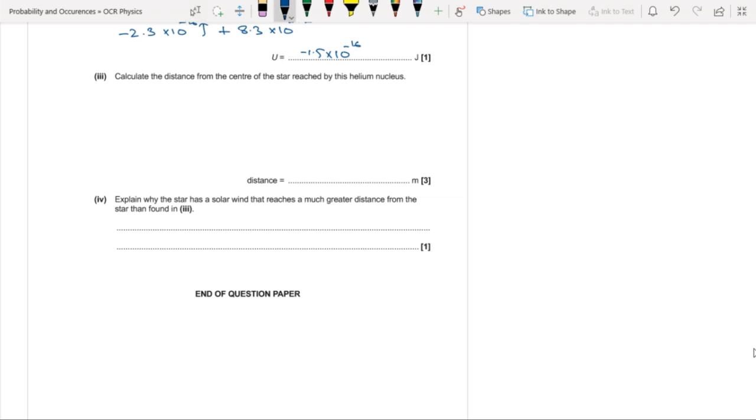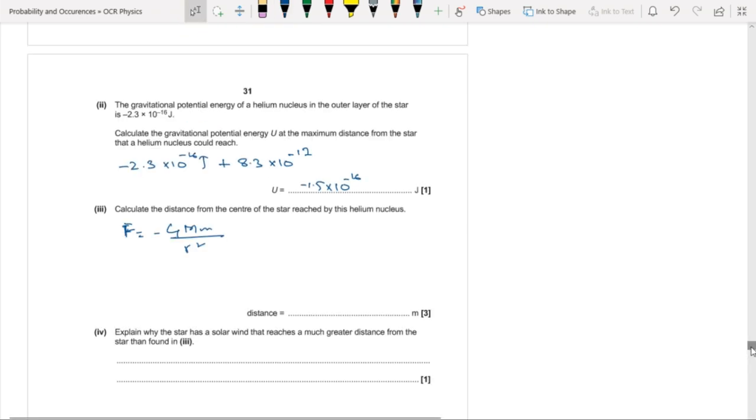So, Newton's law of gravitation, the force of attraction between two massive objects, was given by the gravitational constant multiplied by the two masses over r squared. And since we are given the gravitational potential energy, multiplying with the radius r on both sides, we can find that U is equal to minus GMm over r, where U is given to us.